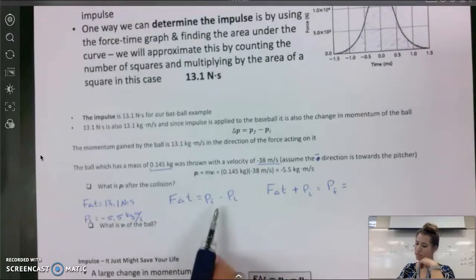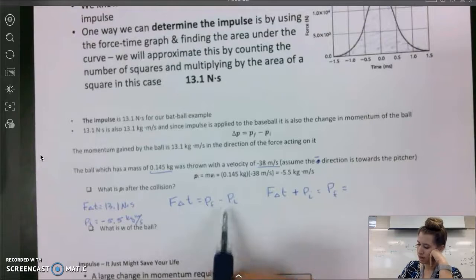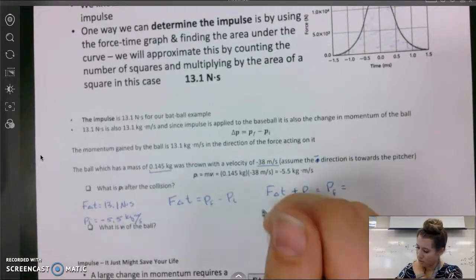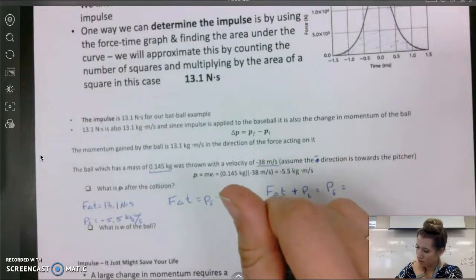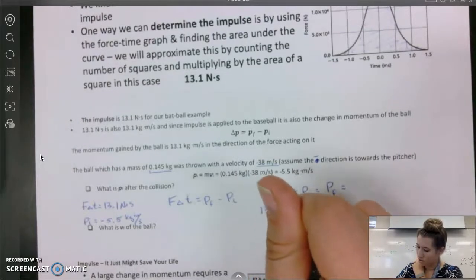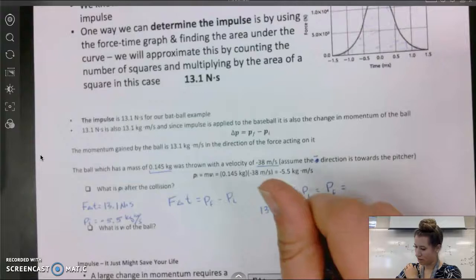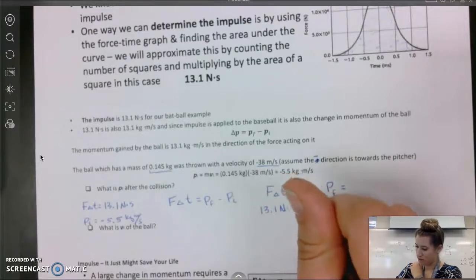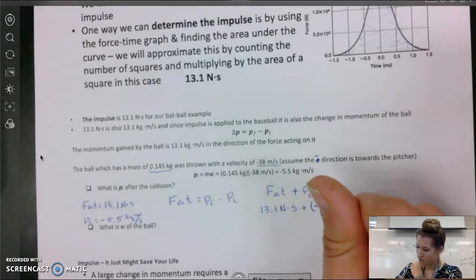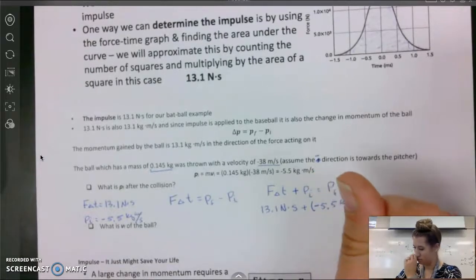Let's see, we're going to add that, and the whole thing is negative. Okay, so we have 13.1 Newton seconds, and we're going to add that to the negative 5.5 kilogram meters per second.